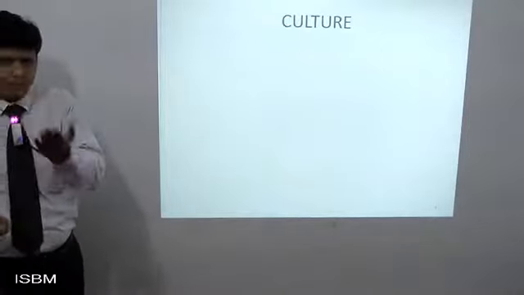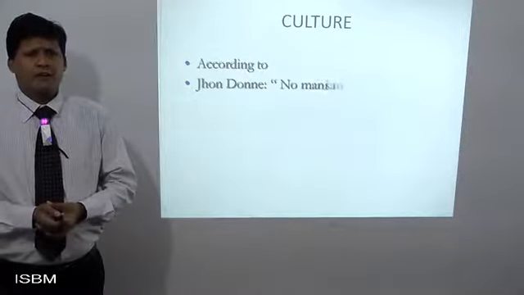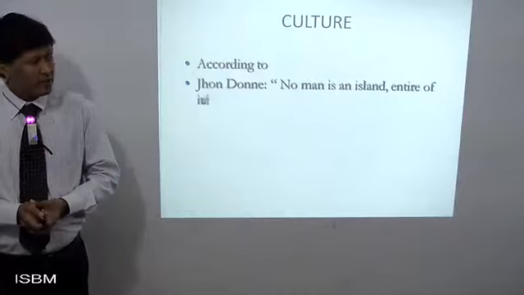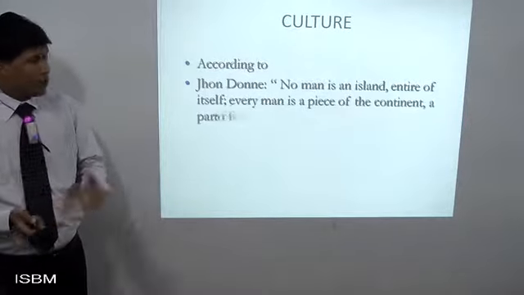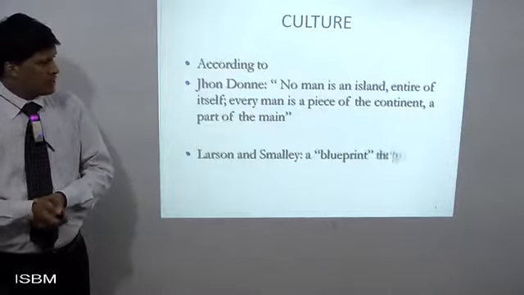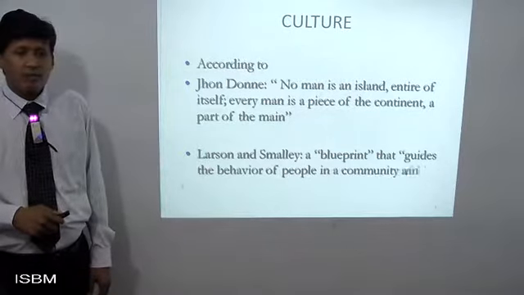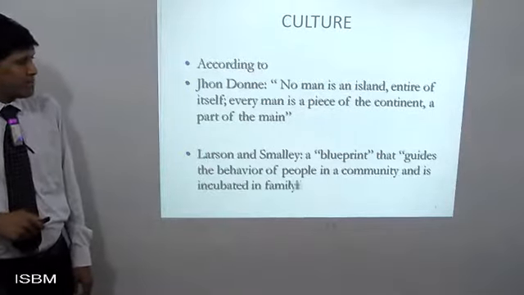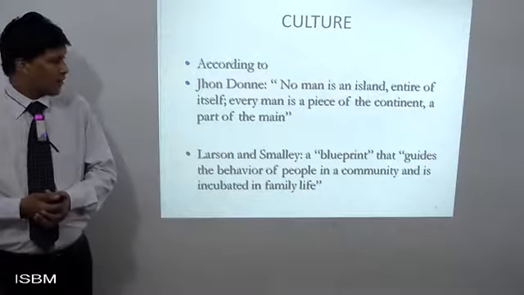Great. So when we speak of culture, let's move on to understand certain basic beliefs or ideas that our great philosophers have had at a particular point of time. According to John Donne, no man is an island entire of itself. Every man is a piece of the continent, a part of the main.